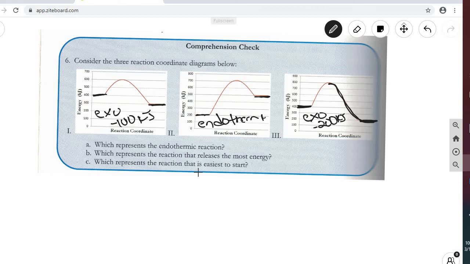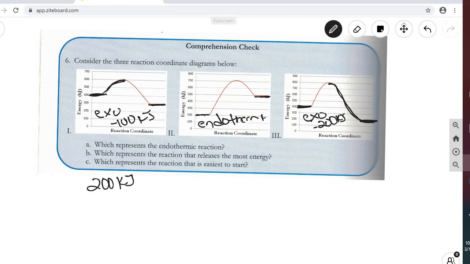And then the last question is, which represents the reaction that's easiest to start? Well, the reaction that's easiest to start is the one that requires the least amount of activation energy. So this one, we started at 400. We had to go up to 600 to get it started. So that's just 200 kilojoules to get it started.